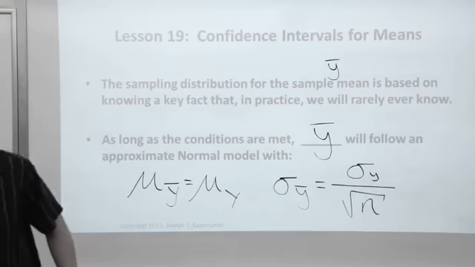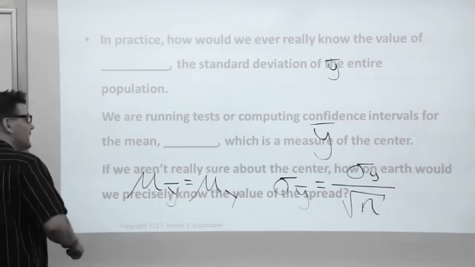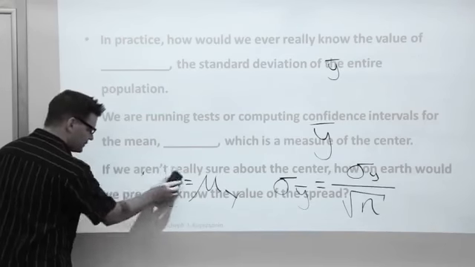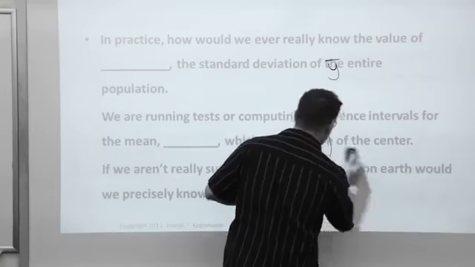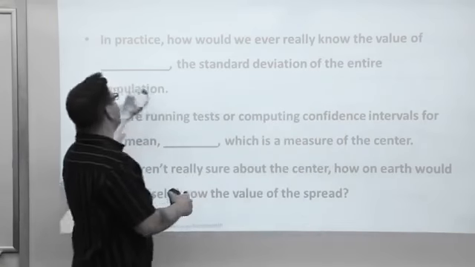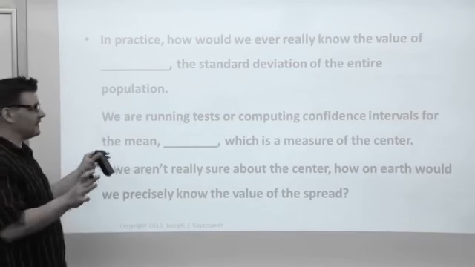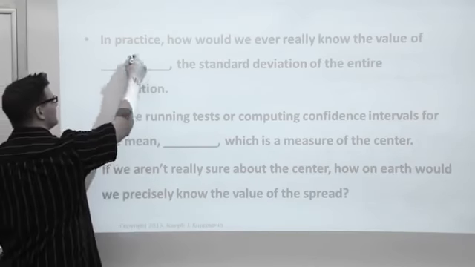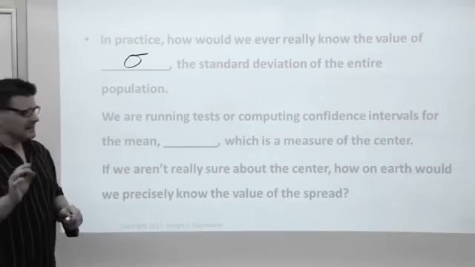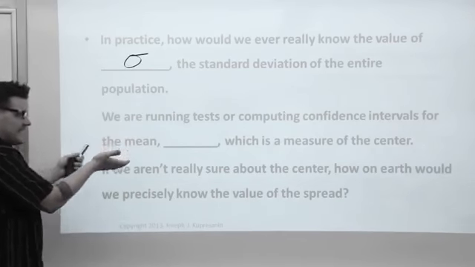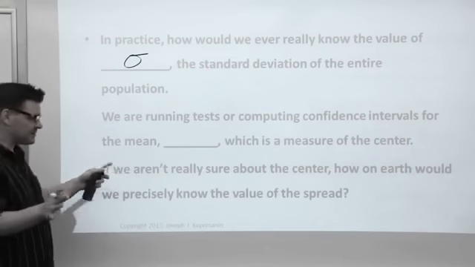All right, so let's say we have an example here, or a couple fill in the blanks first. Here's the problem we're going to run into for the rest of the course, lessons 19, 20, and 21. In practice, how would we ever really know the value of sigma, the standard deviation of the whole population? We're going to be running tests and computing confidence intervals for the population mean.